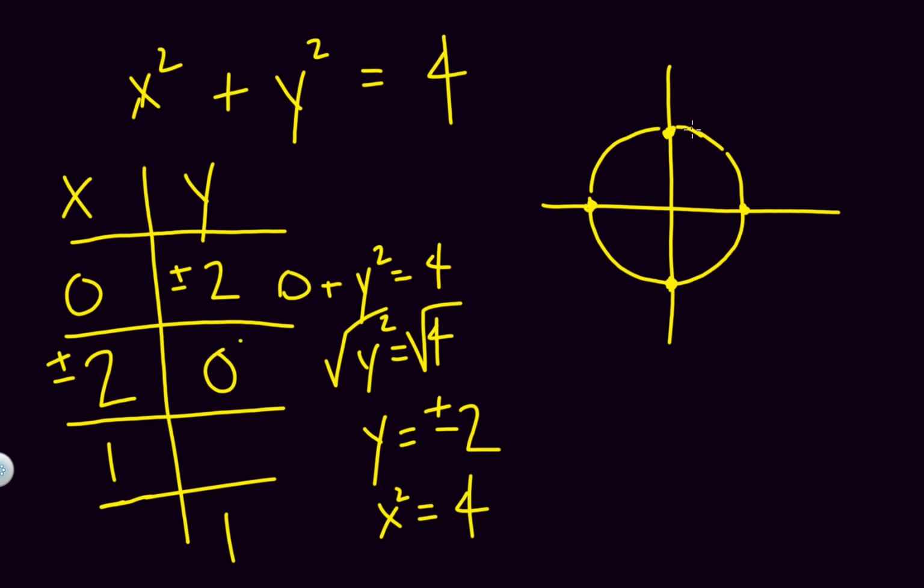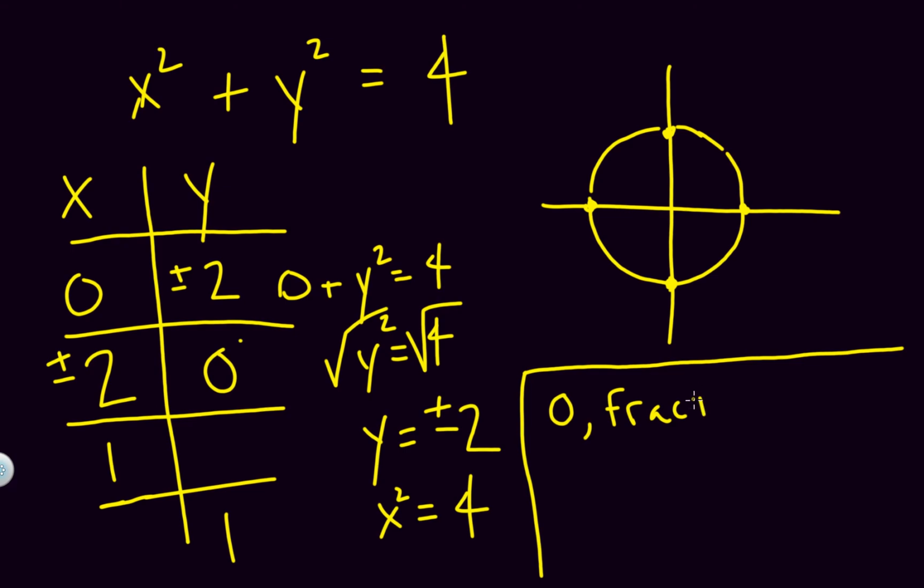And again, you want to be smart about what it is that you're plugging in. You're not just plugging in random numbers. So you can start with the easy ones. In this case, the 0 was easy because it gave us integers for the other value. So the things you want to make sure that you're plugging in: 0, fractions, 1 has some interesting characteristics as well.